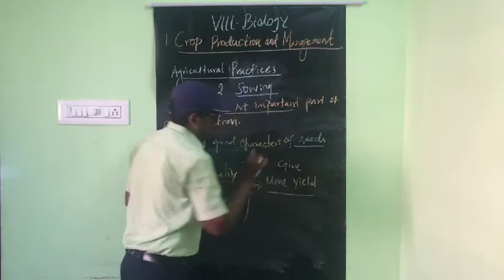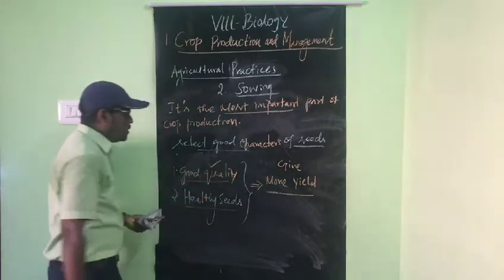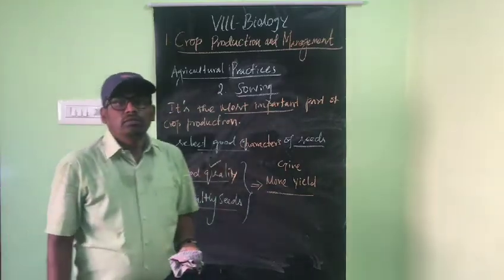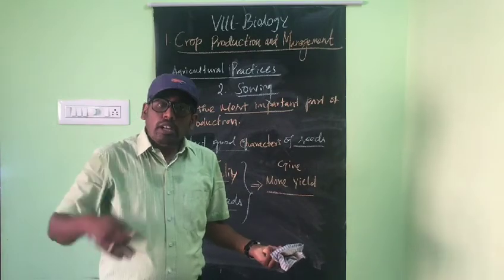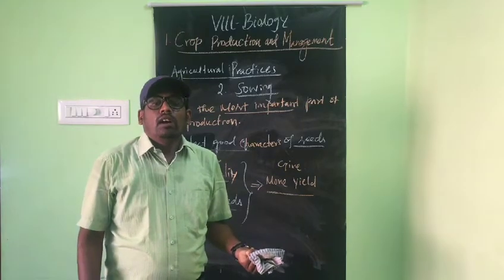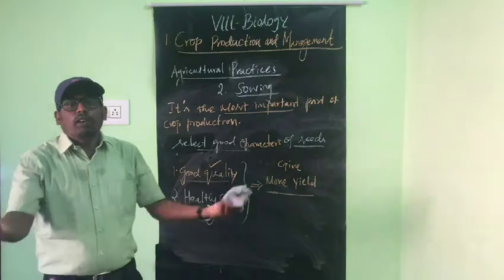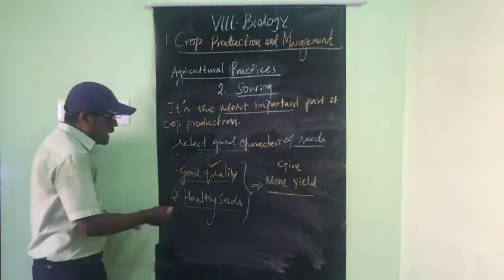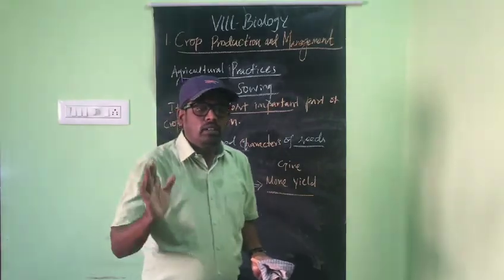Good quality and healthy seeds give more yield. For example, if the seed is not good quality, what will happen? It produces less yield, and we cannot sell it to others or to the market. And if the seed is not healthy, what will happen?